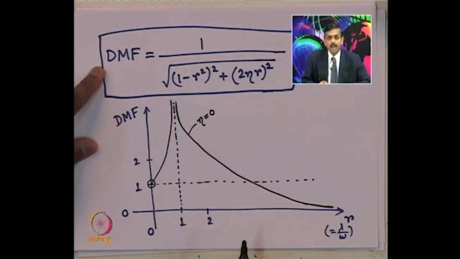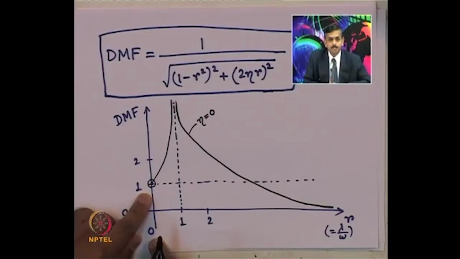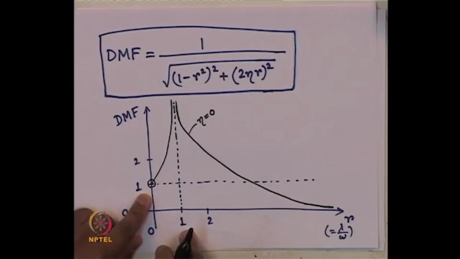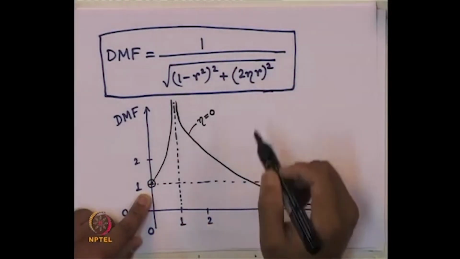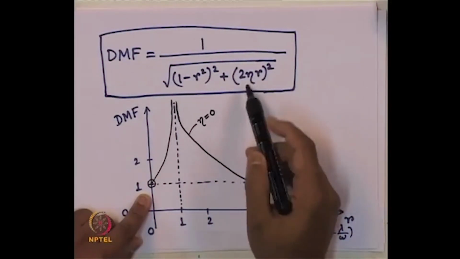Now, if we take a damped condition, that is eta is non-zero, the curve will still start from this point 1 when r equals 0. When r equals 1, what happens? Eta is non-zero, so we have some value here, say eta is 0.1.